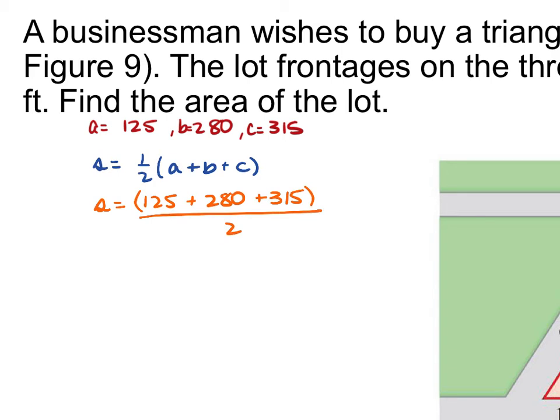Type it into your calculator and let it tell you what the answer is. So 125 plus 280 plus 315 gives us 720. Divide that by 2, and S is going to be 360.